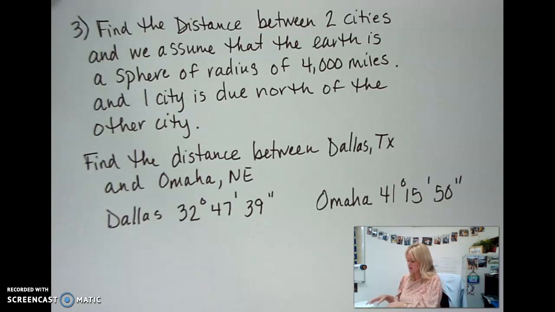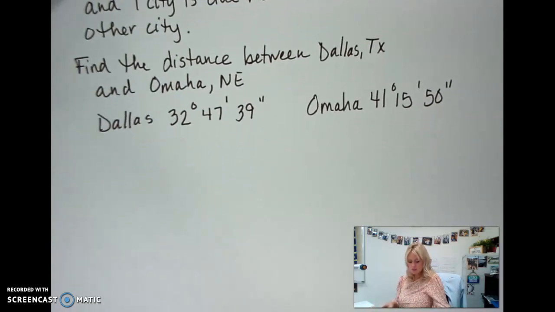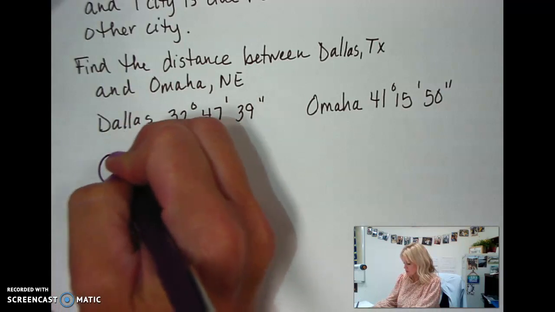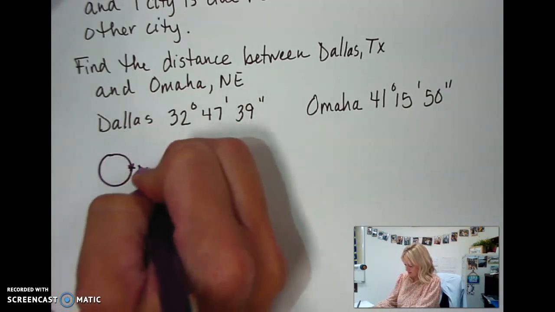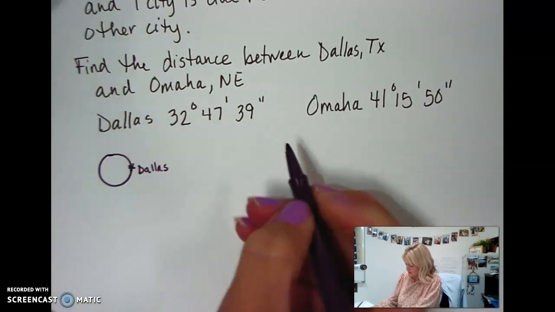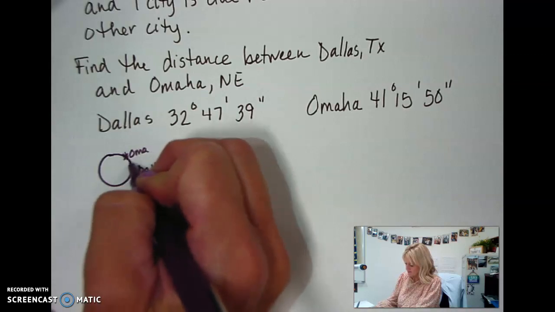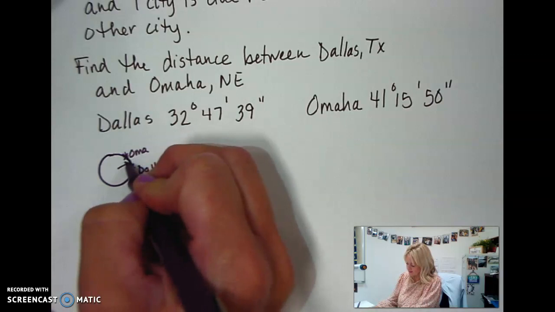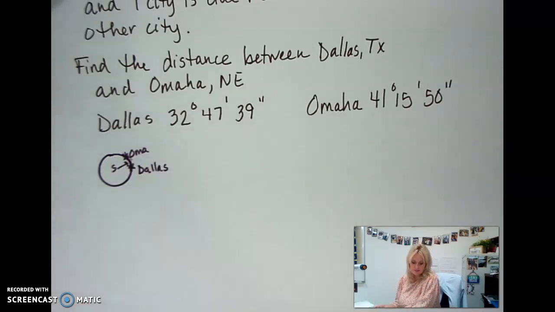Now, if we are assuming that the Earth is a sphere and these cities are due north of each other, here is Dallas, and due north would be Omaha, Nebraska. We need to find this part right here, this arc length S between the two of them. So that's what we're trying to find.